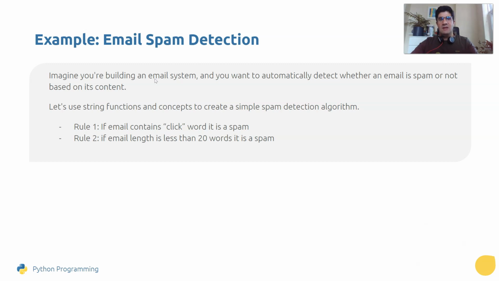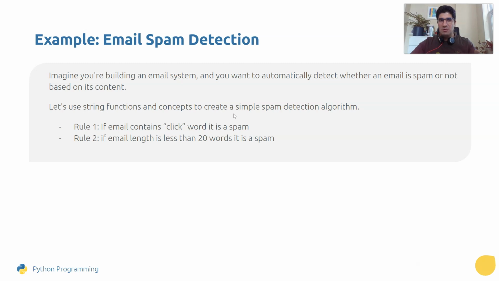Every day you receive multiple emails, but your email system has an algorithm that can categorize the emails, and it will put some of those emails in the spam folder for you. So how can we find a spam email? We can check the content of the email.